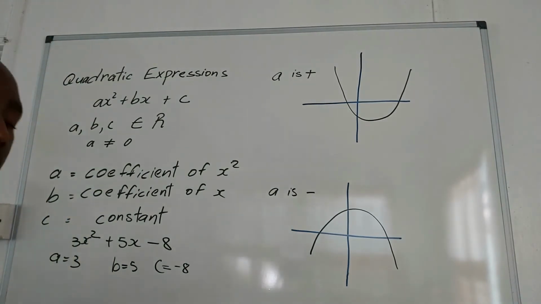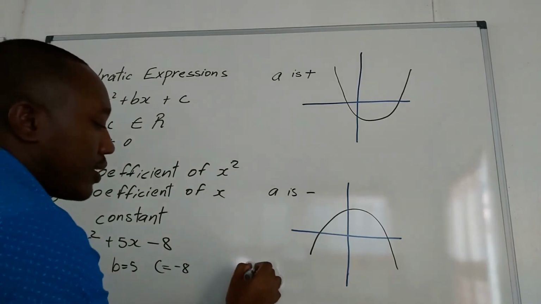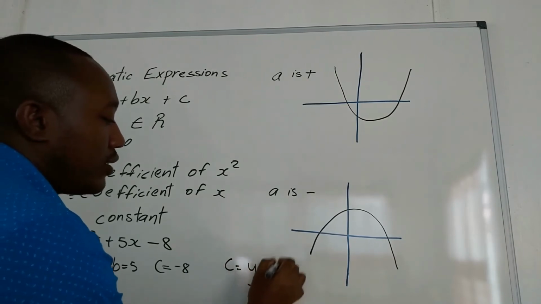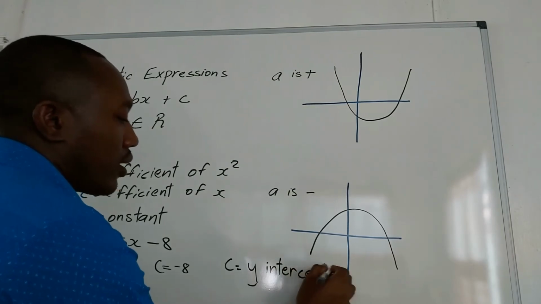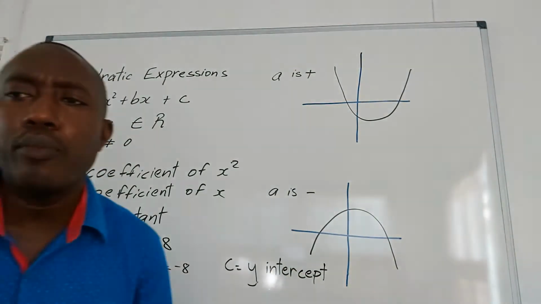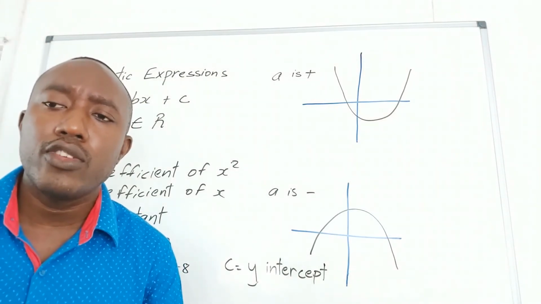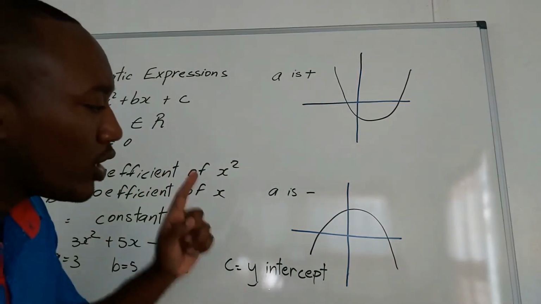Now, another thing we need to talk about is c. c is known as the y-intercept. When something intercepts another, it's the point where the two meet.